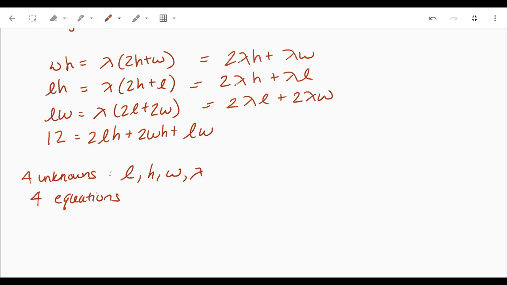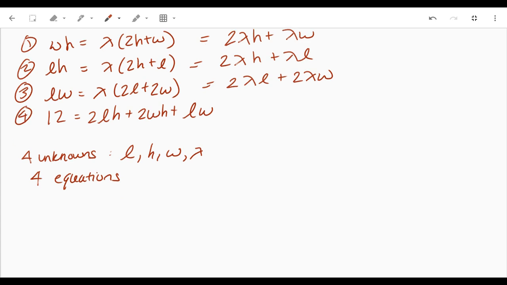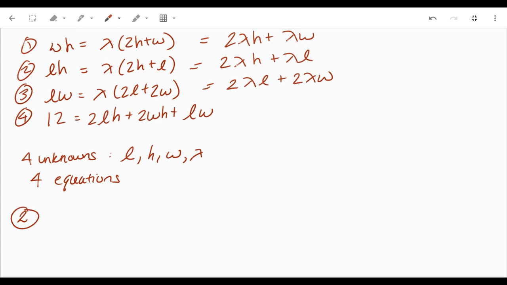Okay, so this is kind of the fun but tricky part. We need to solve. However you want to solve algebraically, what I'm going to do is take the second equation and solve it for 2 lambda H so that I can plug it into the first one.